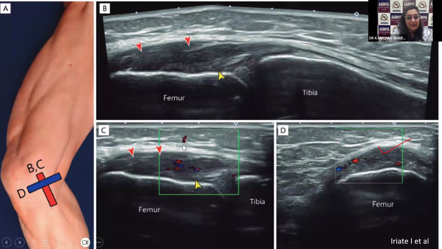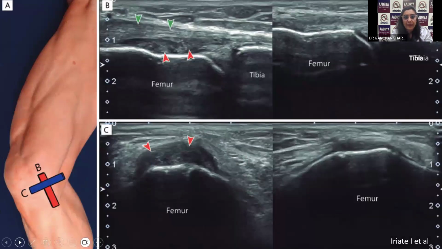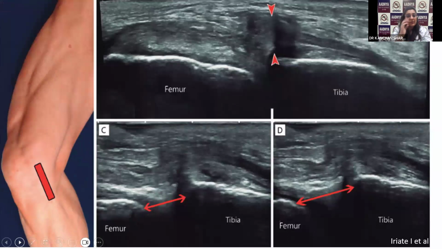So in the short axis, if it is not looking hyperechoic fibrillar, it is looking more hypoechoic, even though you have done the toggling, and it is taking up the color Doppler activity, it might be the sprain of the ligament. Okay. So this is important, which I wanted to tell you.